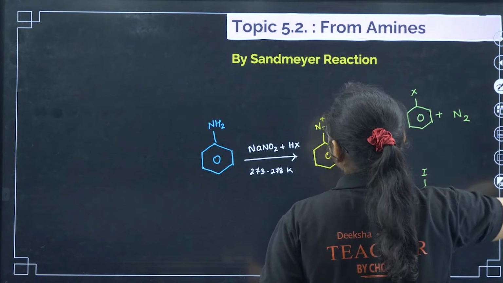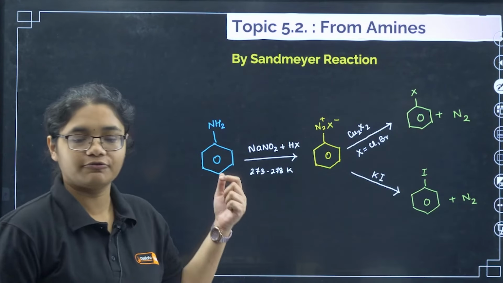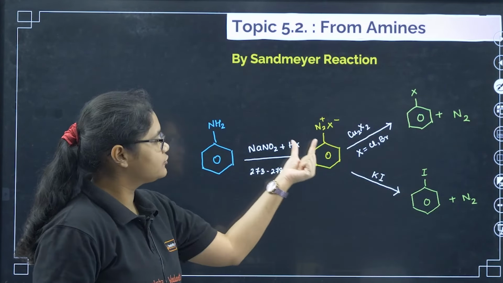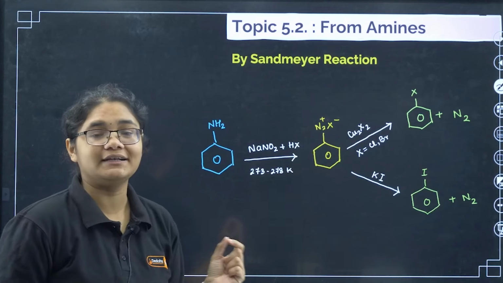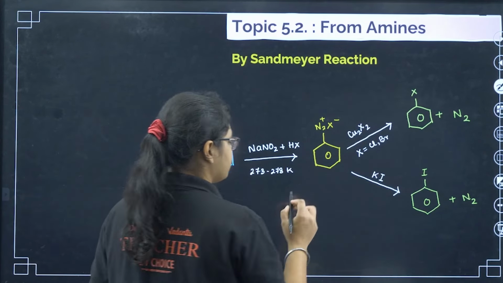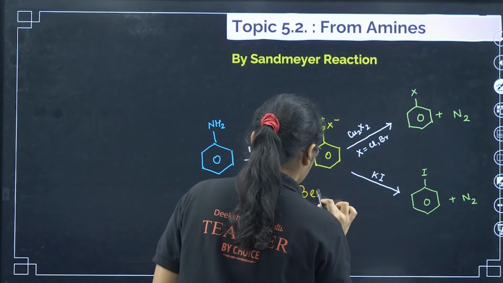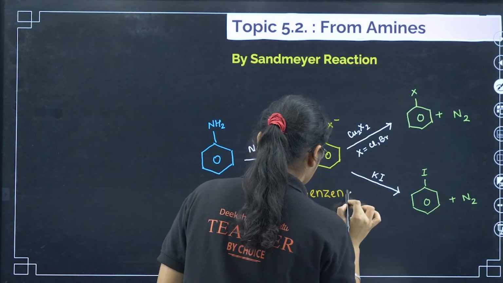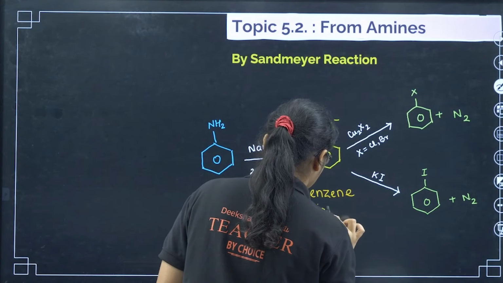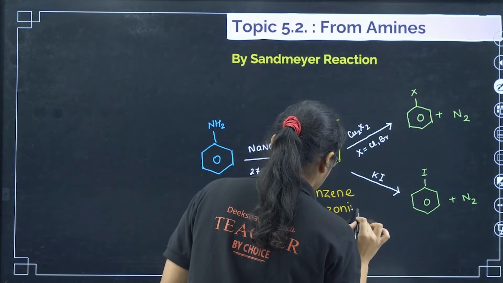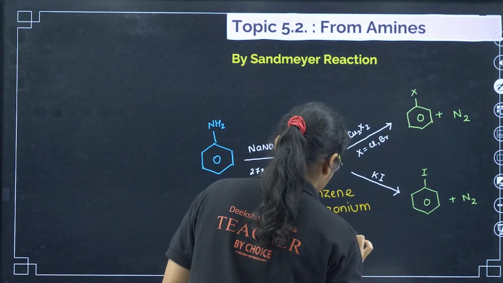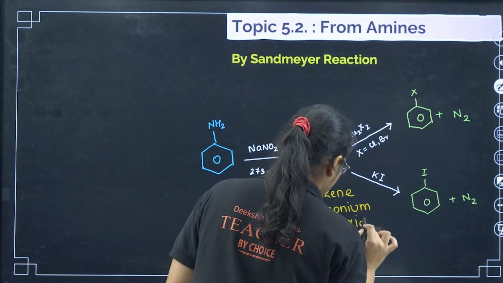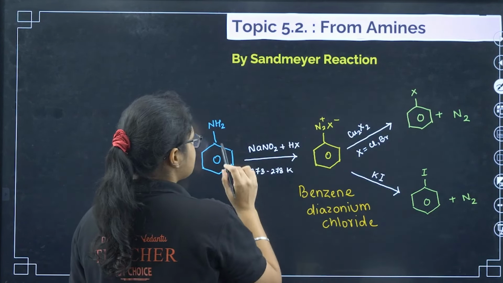Next we will talk about Sandmeyer reaction, or from amines. So from amines, first we have to convert to benzene diazonium chloride. How do we convert that?